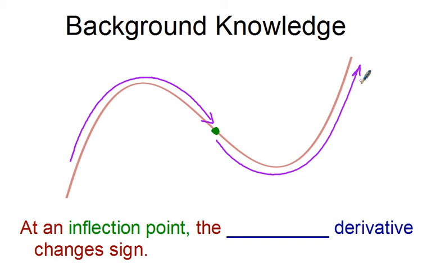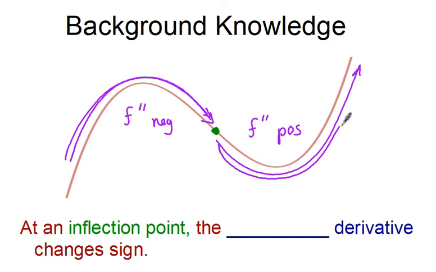What we've learned in previous lessons is that the second derivative is negative at places where the graph bends down, and positive at places where the graph is bending up. So in this case, you would see a sign change from negative to positive for the second derivative, signaling a point of inflection. At an inflection point, the second derivative will change sign.